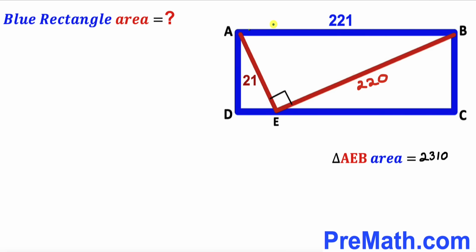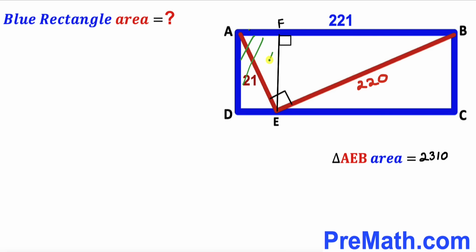Now our task is to calculate the area of the whole blue rectangle ABCD. In this next step, I have dropped the perpendicular EF onto side AB. As a result, the whole blue rectangle has been divided into two rectangles.